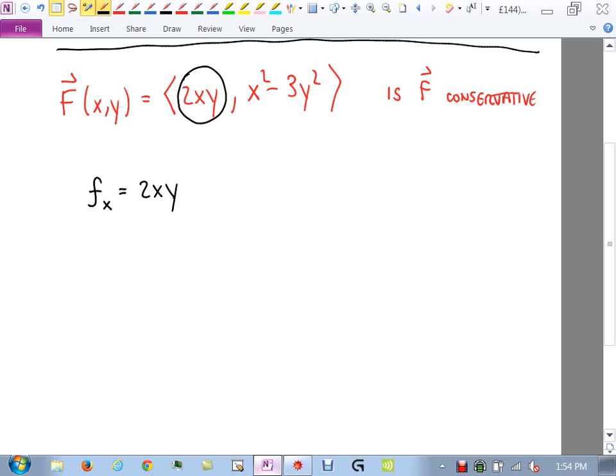Now, what I can tell you right now is the antiderivative of that with respect to x. So if I integrate this with respect to x, that's the important thing there, what's the left side got to become? It's the f function, isn't it?